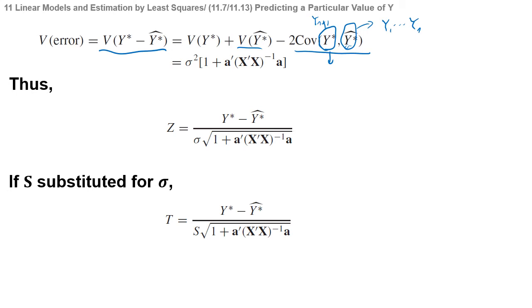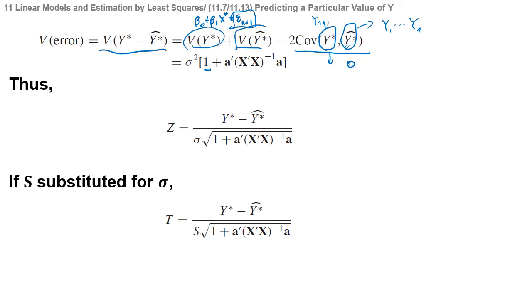So this covariance part is 0, and the variance of y star, which is beta 0 plus beta 1 x star plus epsilon n plus 1, is sigma square.